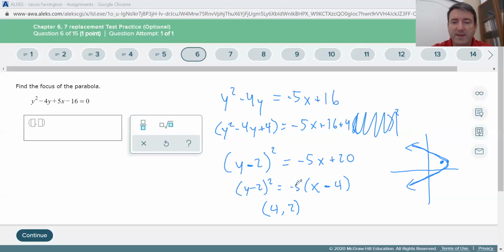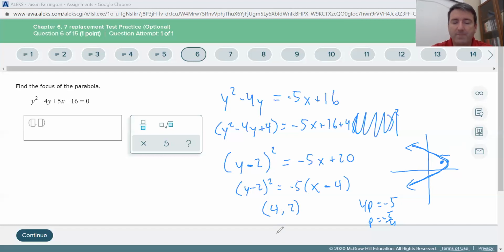Well, 4p is equal to -5, so p is equal to -5/4. So we're just going to take our vertex at 4, 2, and go in this direction, -5/4. So we're going to subtract 5/4 from our x.